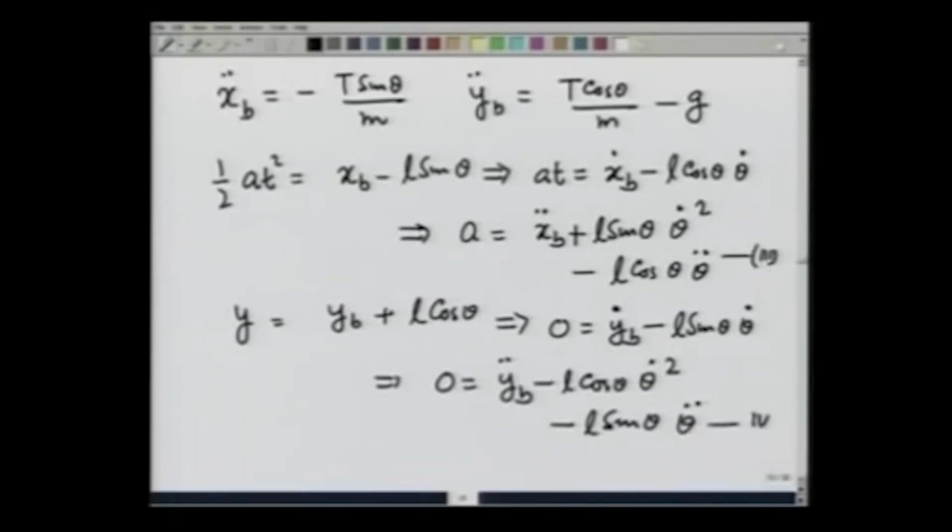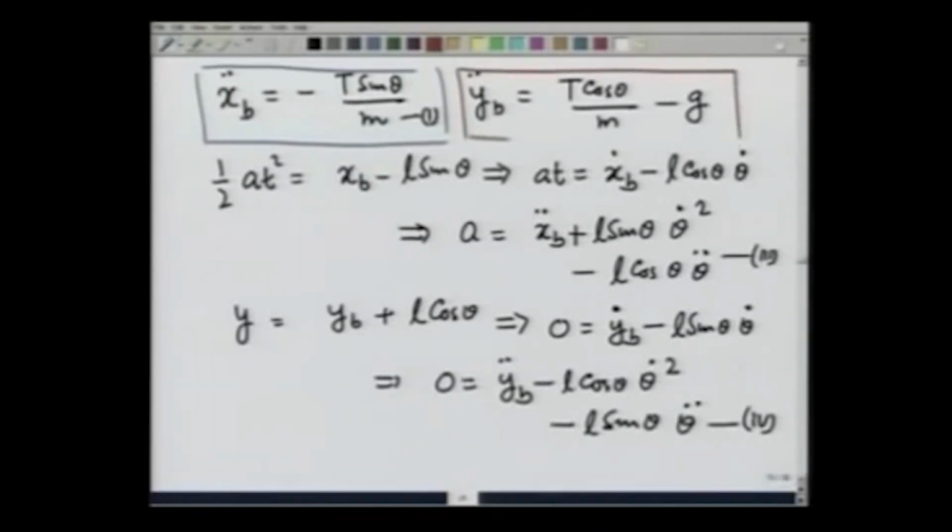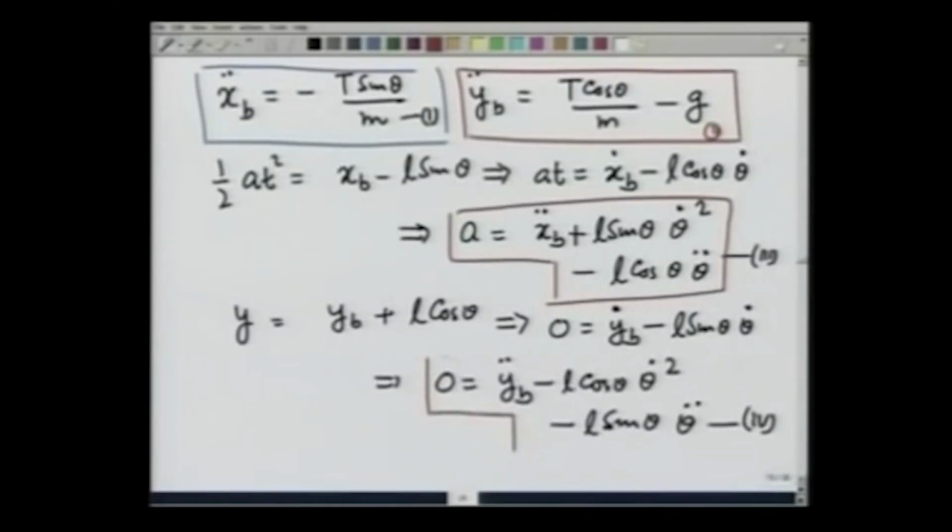Let me call this equation number 4. So I have equation number 1 here. We box them. This is equation number 1, equation number 2, equation number 3, and equation number 4.